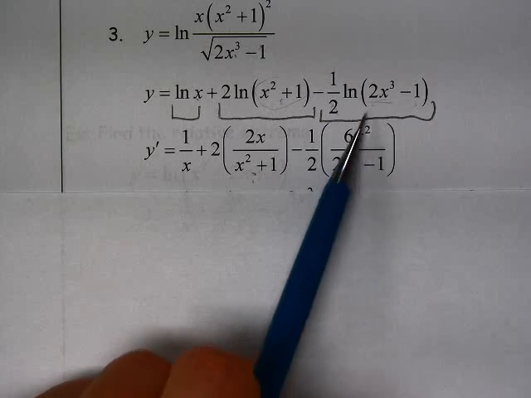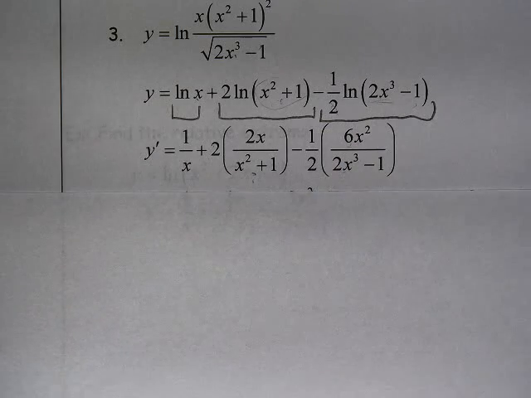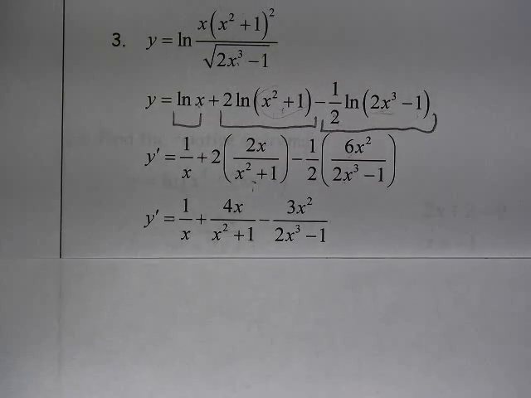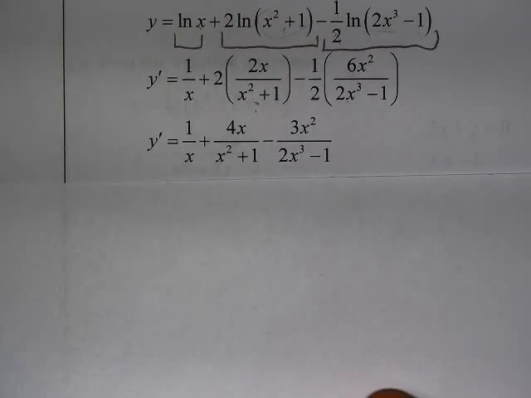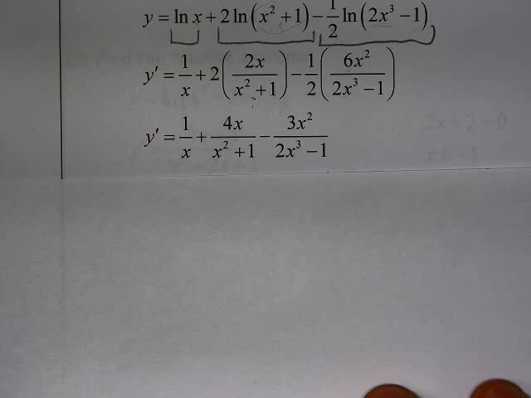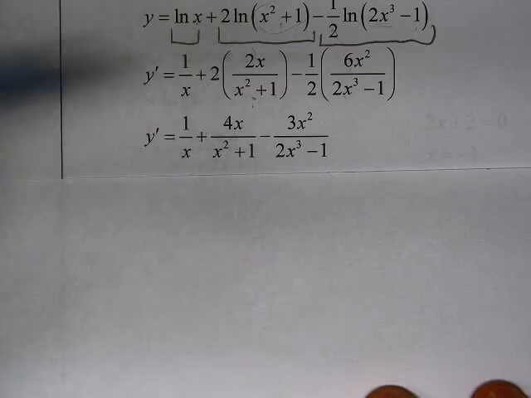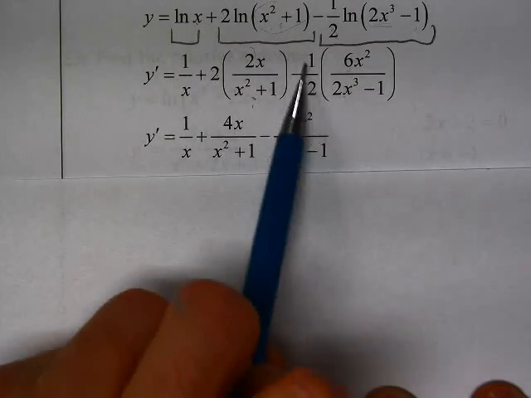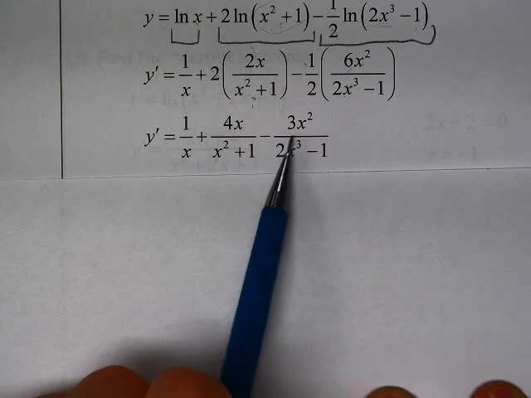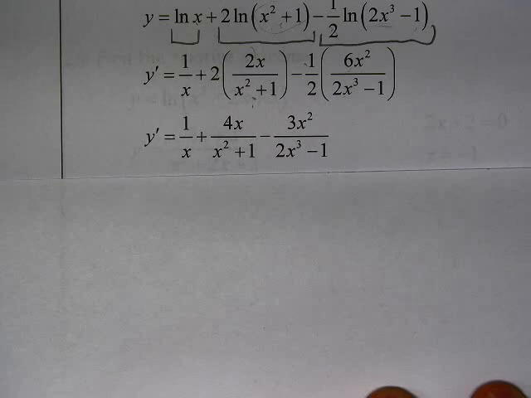U prime is 6x squared, and the original u is 2x cubed minus 1. And then if I reduce those, or at least simplify them, I have 2 times 2 gives me that 4, and I have the 1/2 times the 6 over 2 gives me the 3 over 2.